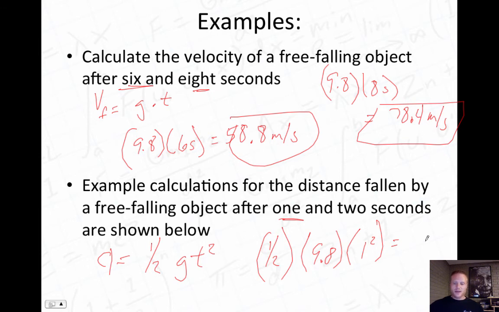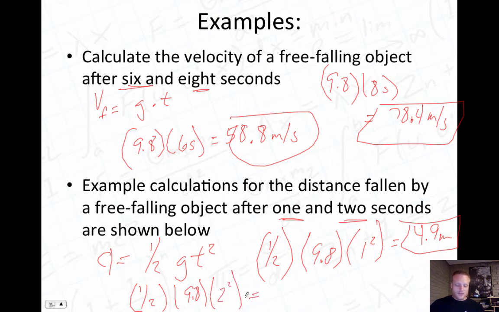If you do that math, I get 4.9 meters. For the second one, with 2 seconds, I would take 1/2 times 9.8, g still hasn't changed, times 2 squared, and I get 19.6 meters. These numbers tell you how far you would have fallen after 1 second and after 2 seconds. We could do 3 seconds if you want. Just take that 2 out and plug in a 3 in its place.